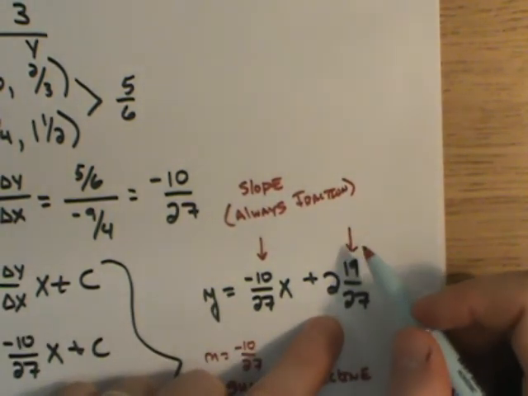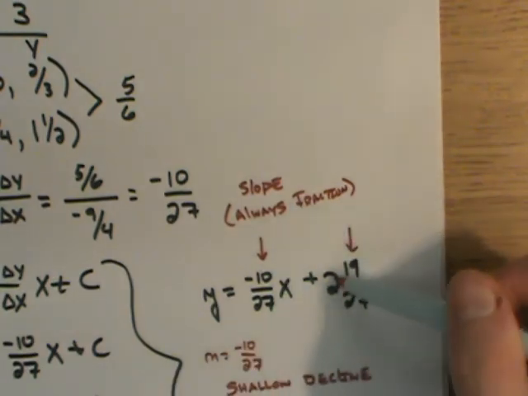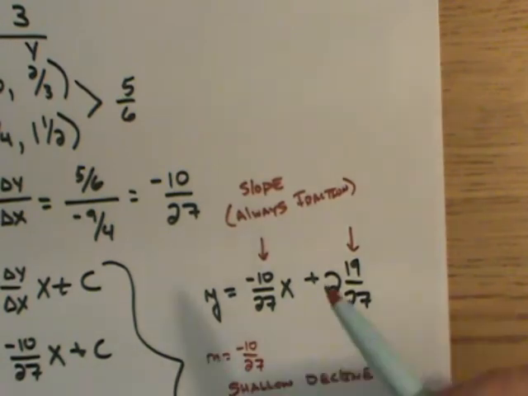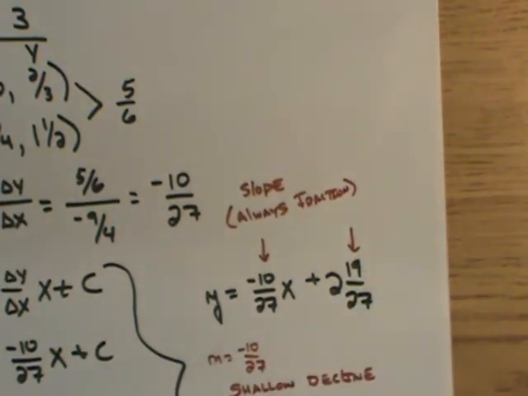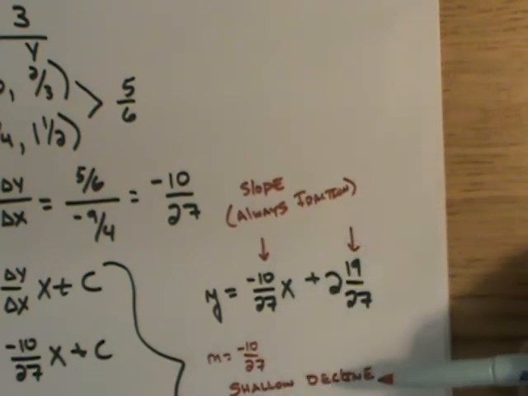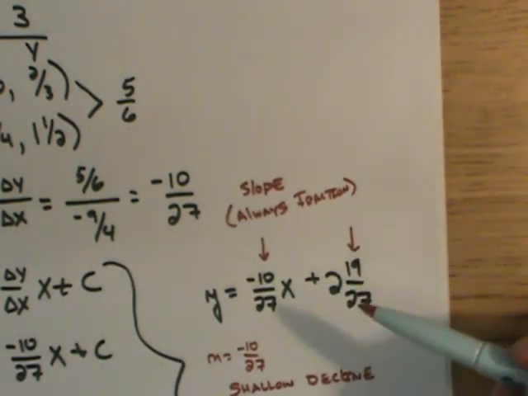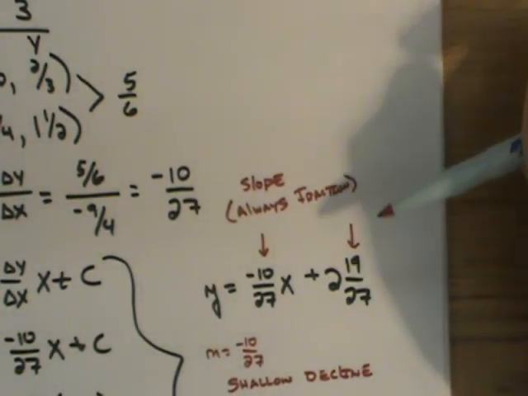The y-intercept, well, that could be a couple different things. Y-intercept is either going to be a nice value, it's going to be a whole number. It could possibly be a proper fraction. It'll never be improper. If it's improper, I want it listed as a mixed number because I want you to be able to immediately figure roughly where that's at. So 2 and 19/27, we know it's somewhere above 2 but less than 3.